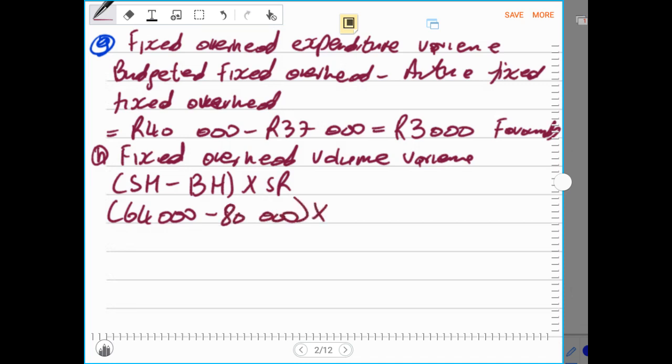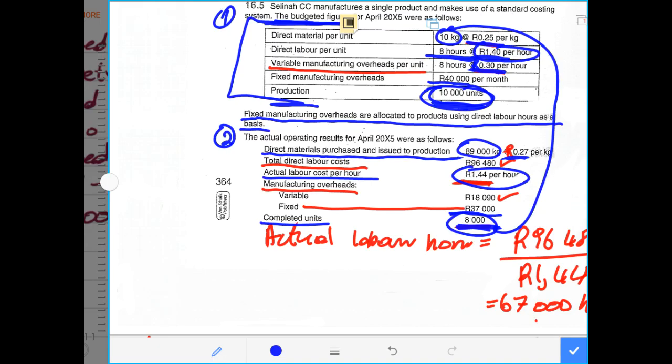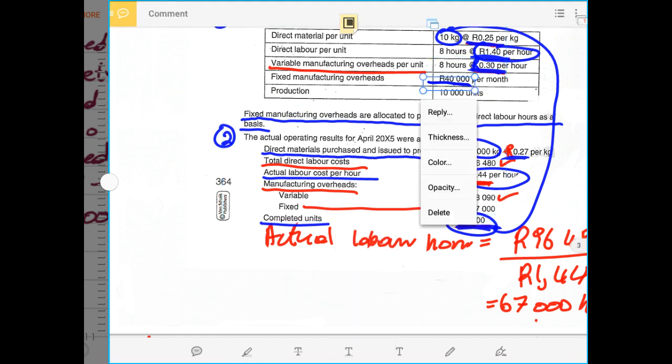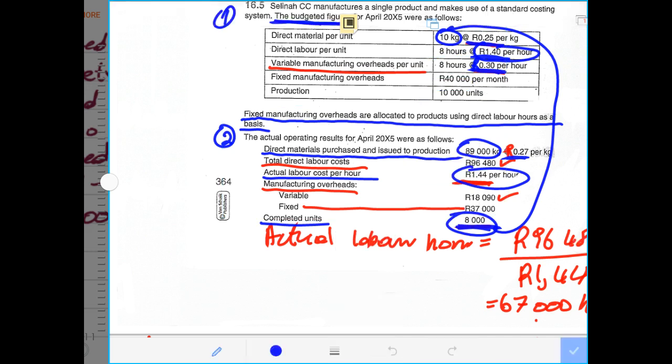Then we multiply this by the budgeted fixed overhead rate per labor hour, or per hour. Now we have to calculate that, because the fixed overhead rate was not provided to us. We were only given the budgeted fixed overhead, and our budgeted fixed overhead was 40,000.